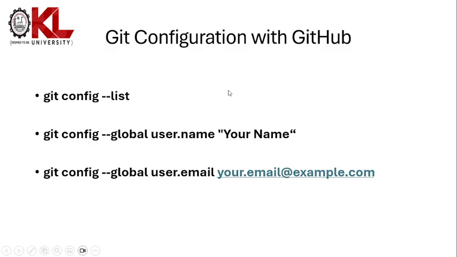Now first of all, first command git config list. If you have already configured, it shows the configuration details. If you do not find any configuration details, then we have to configure by using this command.